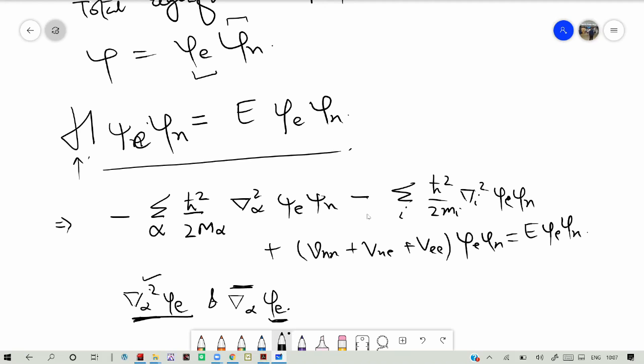Yes, sir. These are the operators of the nuclei acting on the wave function of the electron. If you find these terms anywhere, they will be equal to 0. They are neglected; you can simply remove them. Do you understand it?